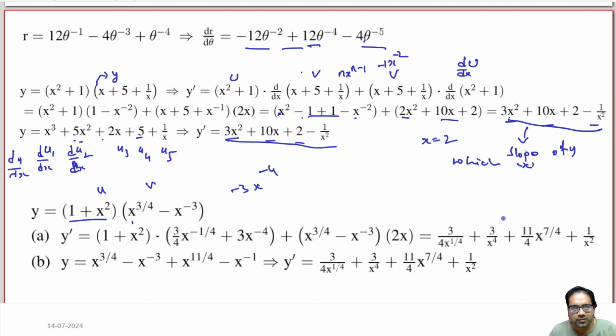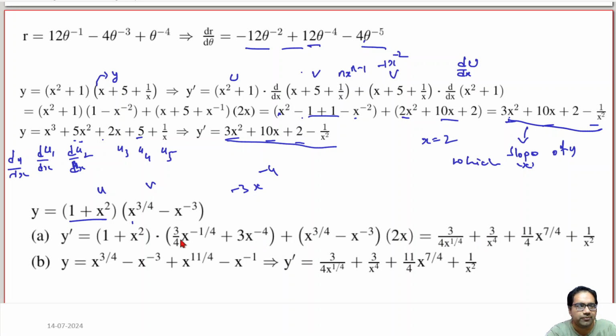Then if you simplify this, what you will get? This one, 3 by 4 x power minus 4 into 1, which is 3 by 4 x power 4, and 3x power minus 4 into 1, which is 3 by x power 4.